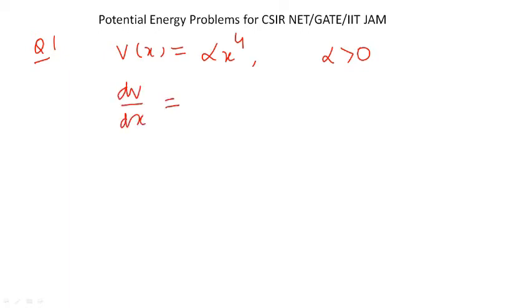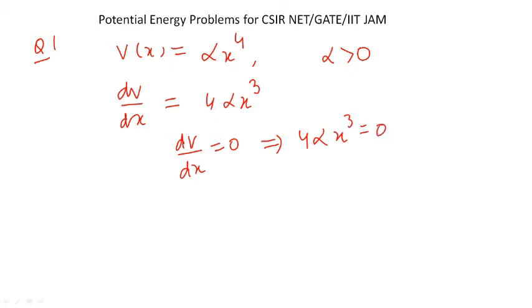Because alpha is constant, it becomes 4 alpha x cube. Now we put dV over dx equal to 0. So 4 alpha x cube is equal to 0. That means x is equal to 0, or we can say x equal to x0.